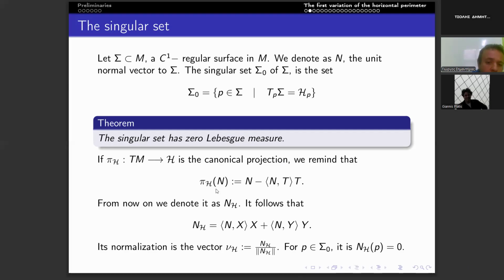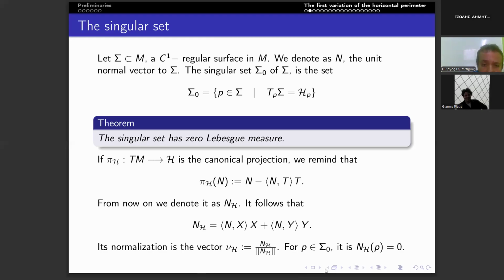From now on, we denote the horizontal projection of n as just n_H. So it follows that n_H has this decomposition with respect to the horizontal frame here. These are the components of n_H, and its normalization is the horizontal unit normal vector here.